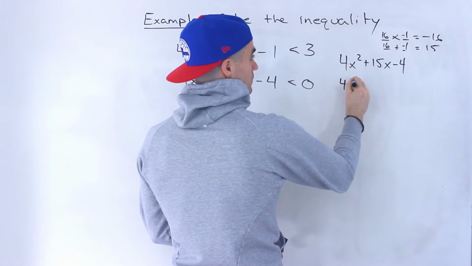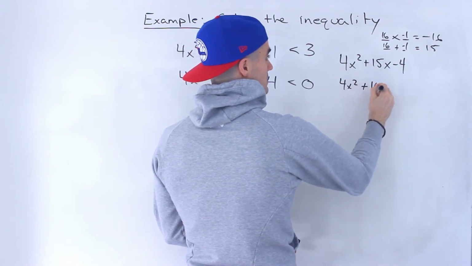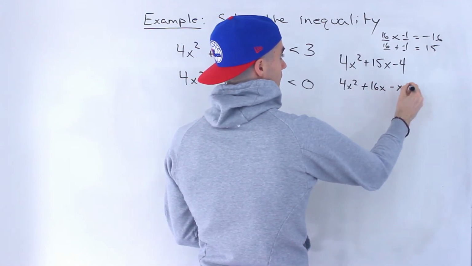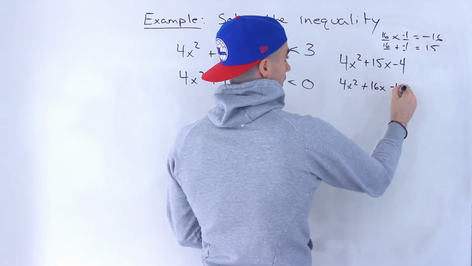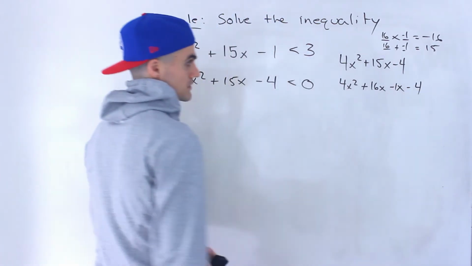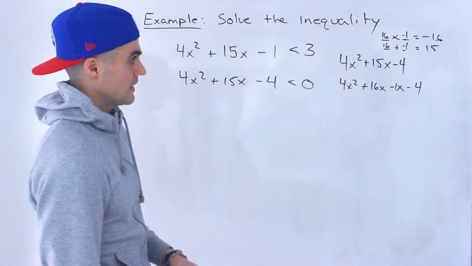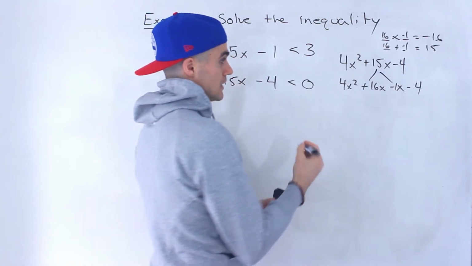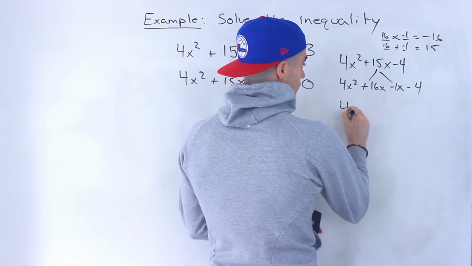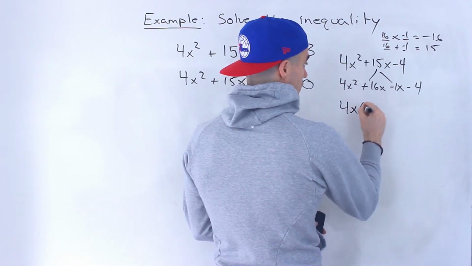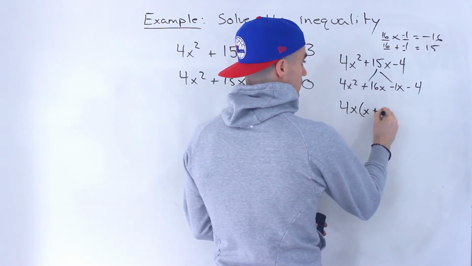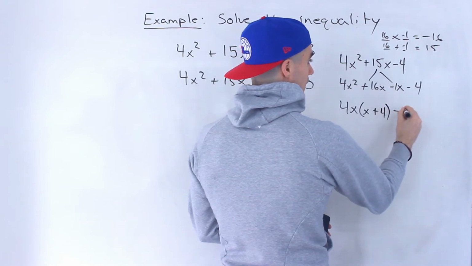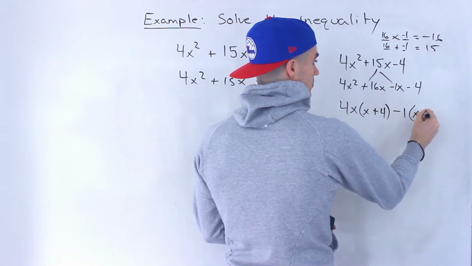So what we could do is take this 15x and break it down as 16x and negative 1x, and we've got the minus 4 at the end. We just took this 15x and broke it down into those two. From here, we could factor 4x out of the first two terms, and we'd be left with x plus 4. Then we could take out a negative 1 from these two terms, leaving x plus 4.